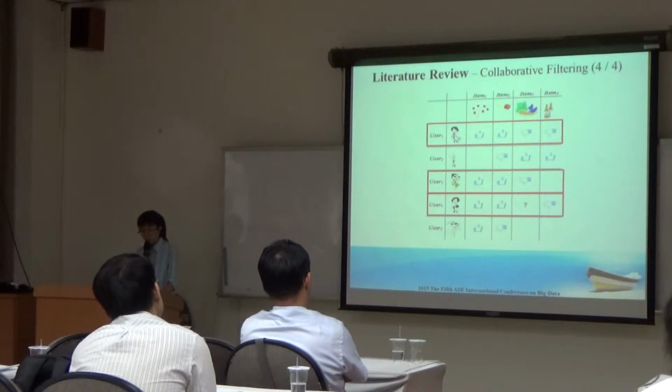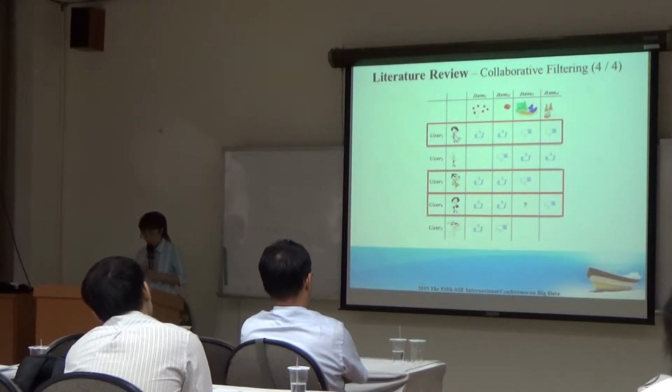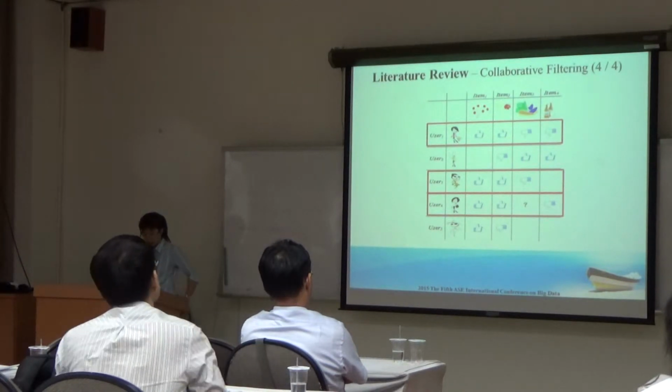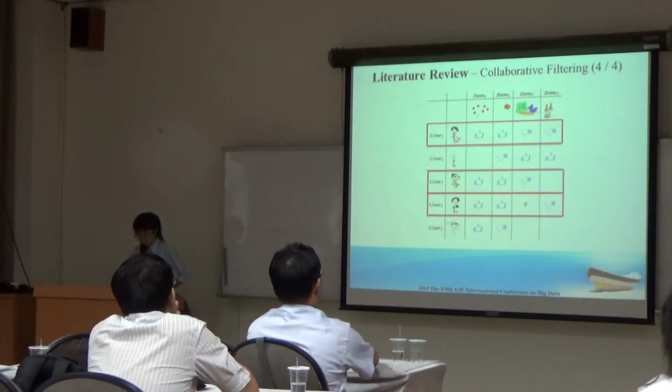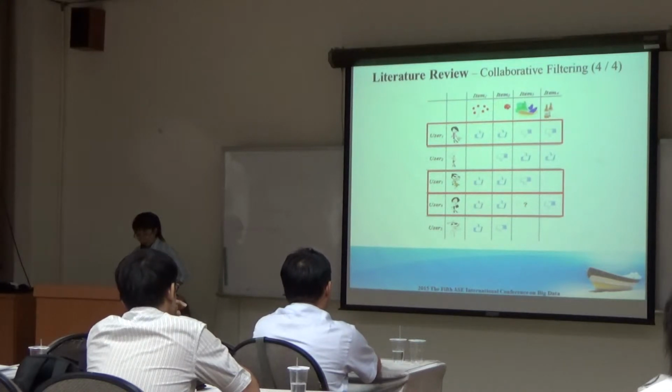So maybe we can infer that user 4 doesn't like item 3. In the item-based approach, item 4 will be considered as a collaborator of item 3.